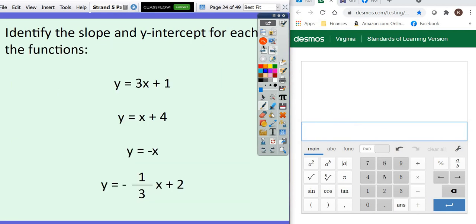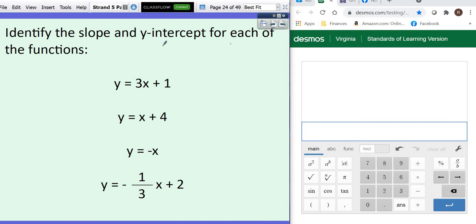Let's try the next one. It says identify the slope and y-intercept for each of these functions. The first thing I do is write myself an example to go by. So I know that whatever is in front of my x, in this case it's a 1, in this case it's a negative 1, that is going to be my slope.